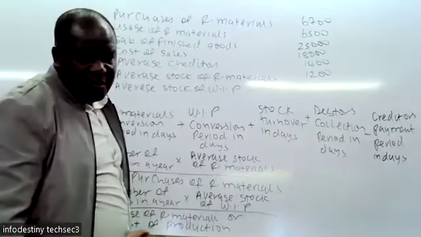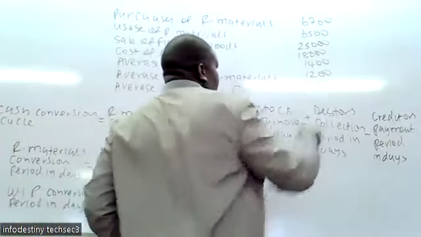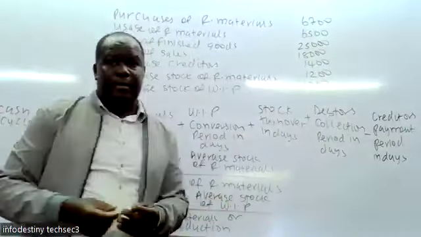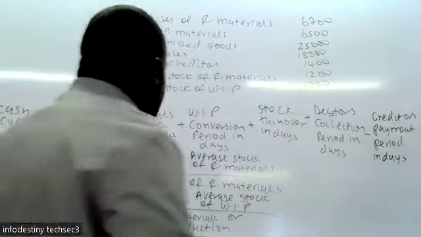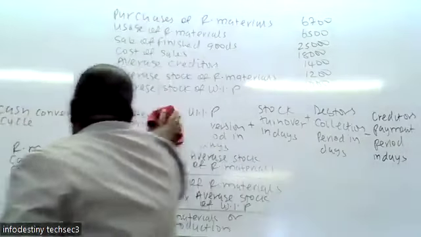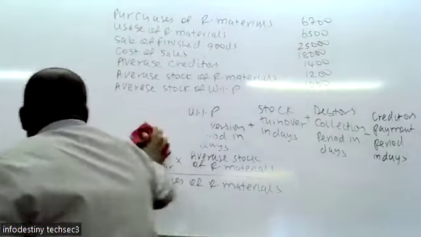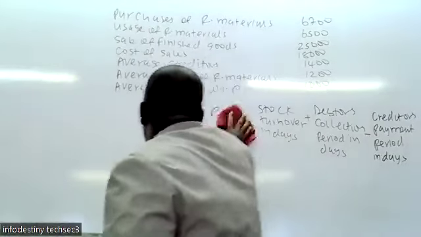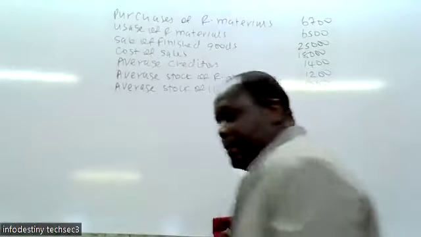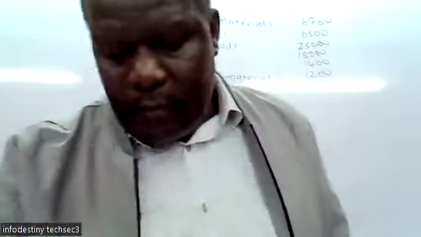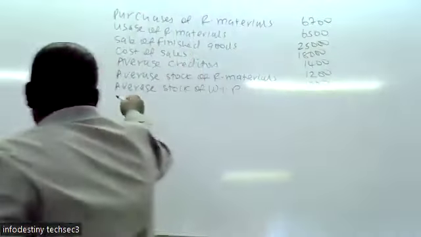So average stock for the work in progress. The next one is average stock of the finished goods.